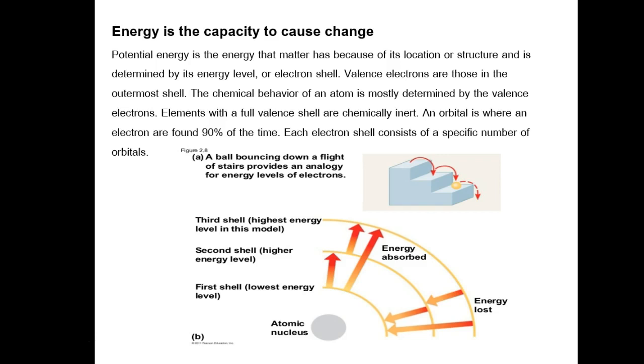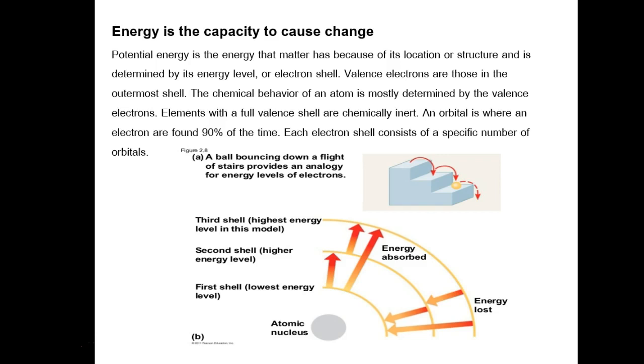What we're looking at here, this ball going down the stairs, is trying to illustrate how that electron doesn't stay in one place. It doesn't rest in one place at any one time until it gets to the point where it's inert. It has no potential energy, which would be at the bottom.